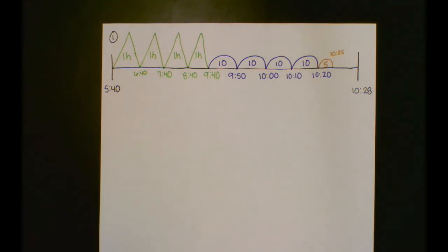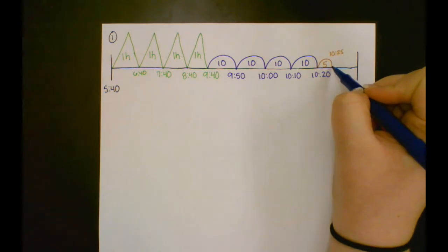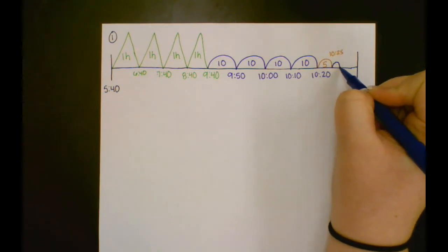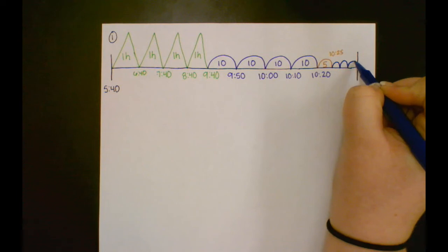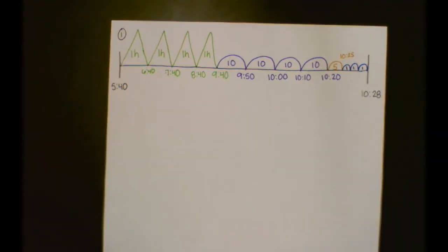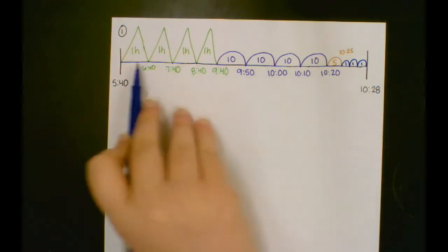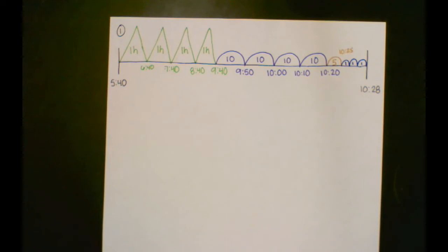So that's when we move to our pebbles. Our pebbles are worth 1 minute. So they just count from 10:25 to 10:28: 26, 27, 28. Make sure they label and they know what each one represents.